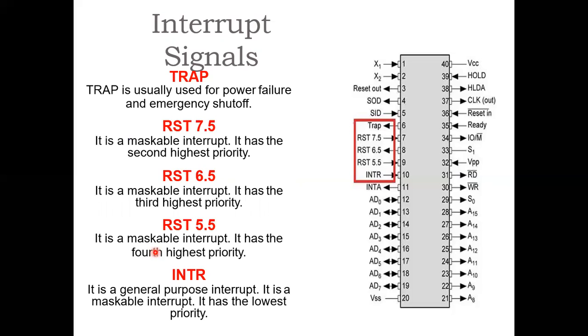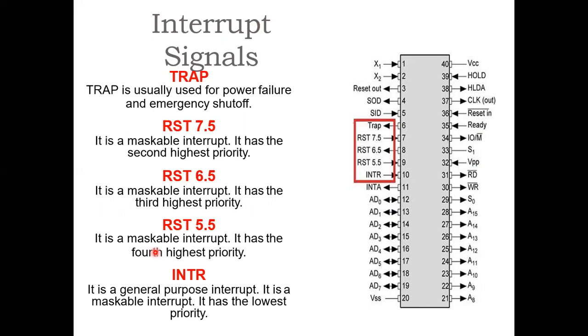When the interrupt has more priority than the main program, the main program will be stopped, then the interrupt routine will be executed. After execution of the interrupt routine, the main program is resumed from the last instruction executed. So this is the process.